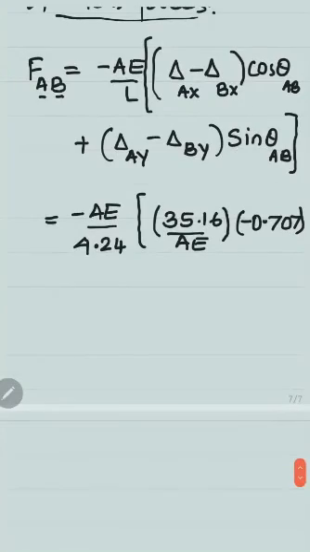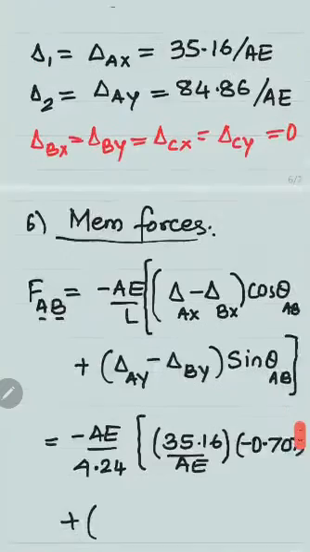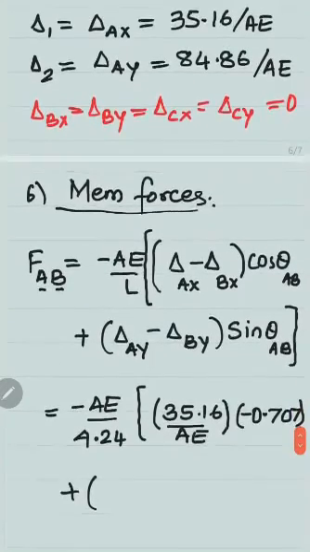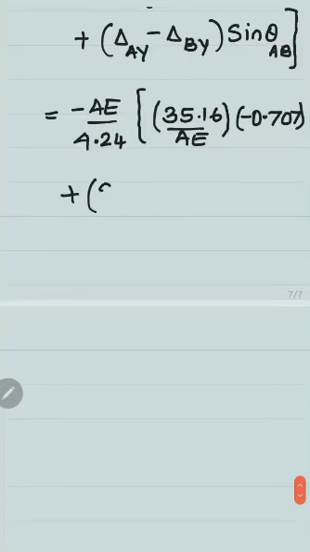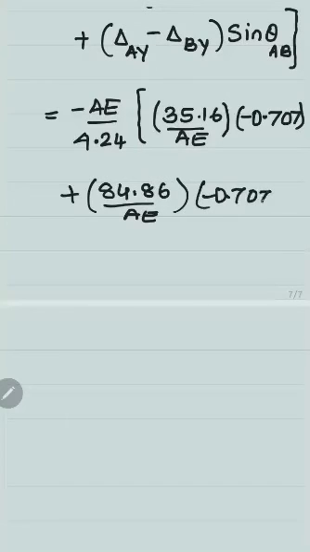Plus delta AY is 84.86 divided by AE into the sine of theta AB. Sine of theta AB is minus 0.707 again, minus 0.707, right?